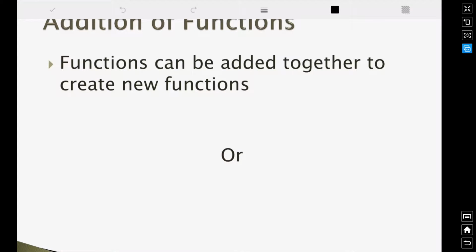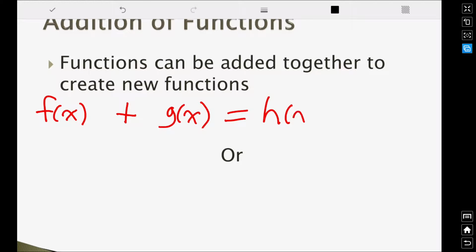So, for example, let's say I have a function f of x. I can add that to a function g of x, and that'll give me a new function which we'll call h of x. It basically says that I have two functions, f of x and g of x, and I add them together to create a new function called h of x.